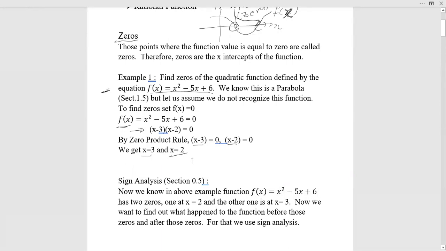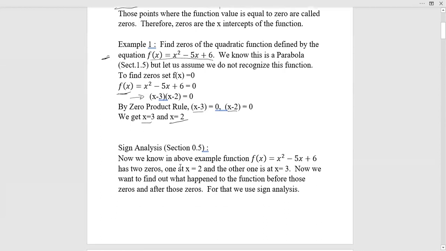We want to find out at other x values what is going to happen to this function, whether it is on the positive side, above the x-axis, or below the x-axis, right? From sign analysis, that's exactly what we expect to find.